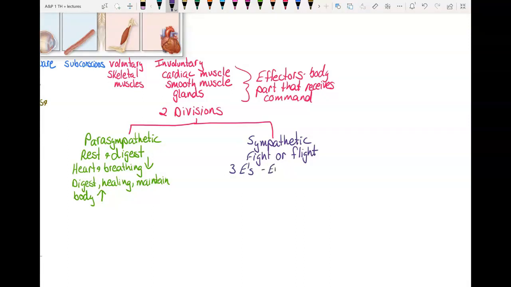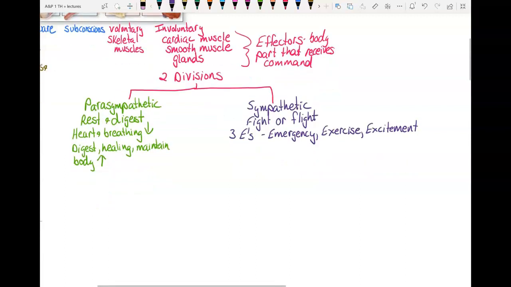That is emergency, exercise, and excitement. So anytime one of these 3 things is going on in your life, you're going to be in your sympathetic division. So this goes along with being active. So your heart and your breathing are going to increase.